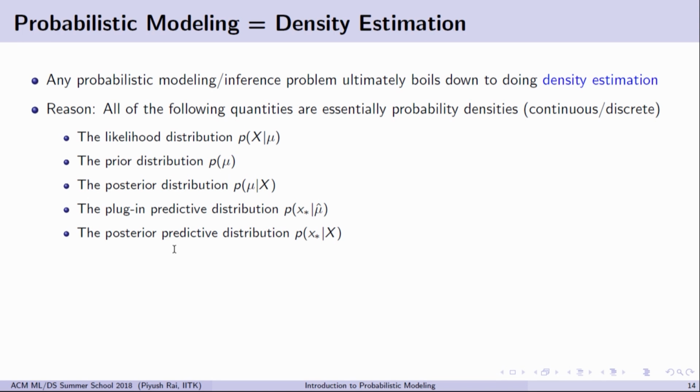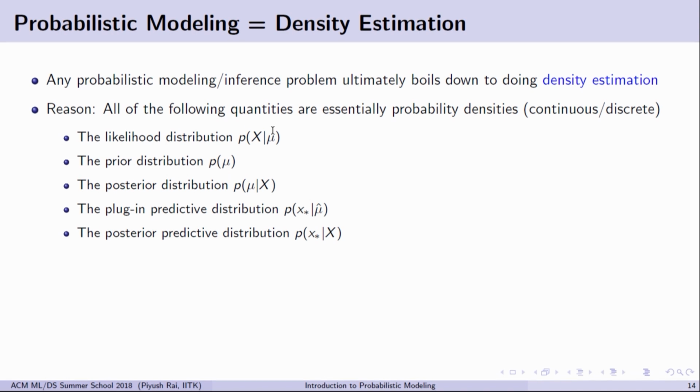If you think of the likelihood distribution, this is basically nothing but a probability density, right? If you have continuous variables, then it's p of x given mu, the likelihood is a density, the prior distribution is a density, the posterior is a density, plug-in predictive, posterior predictive, they all are probability densities, right? They can be continuous or discrete depending on the type of variables, data, or the parameters you have.